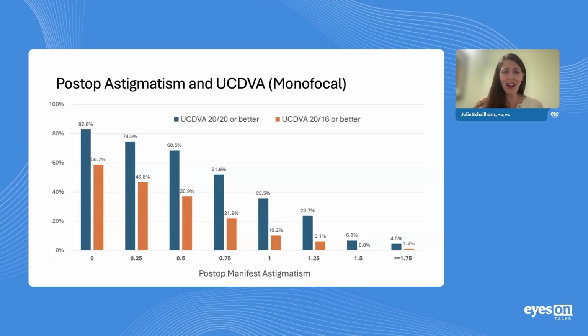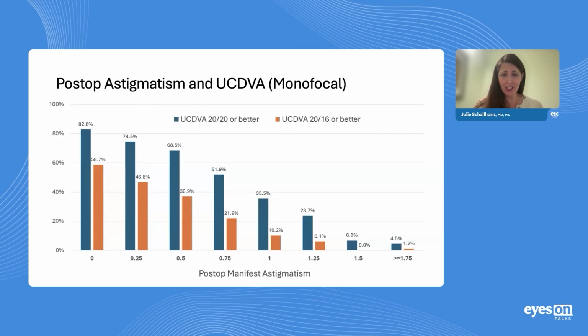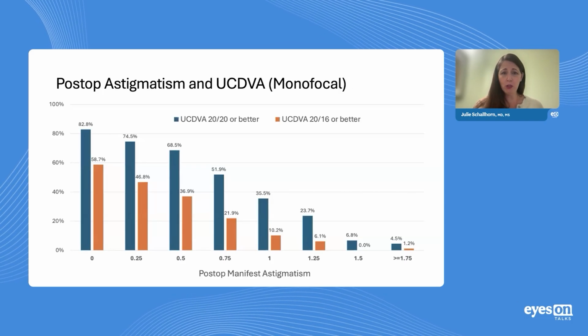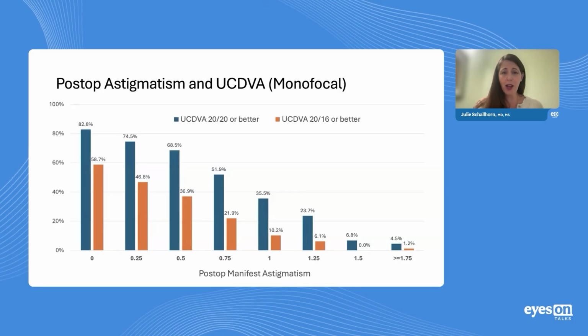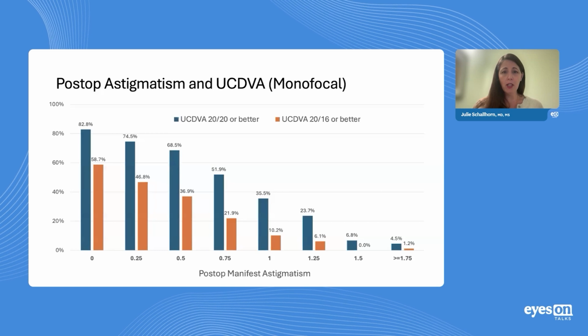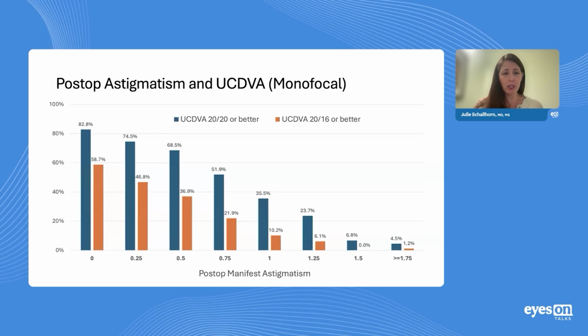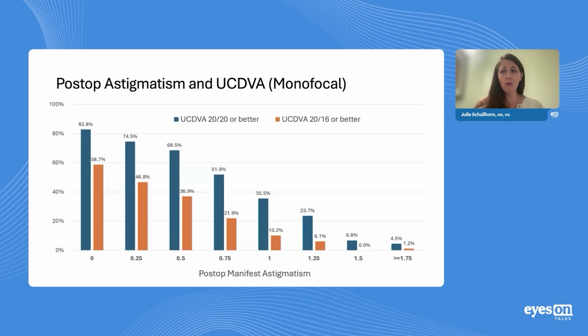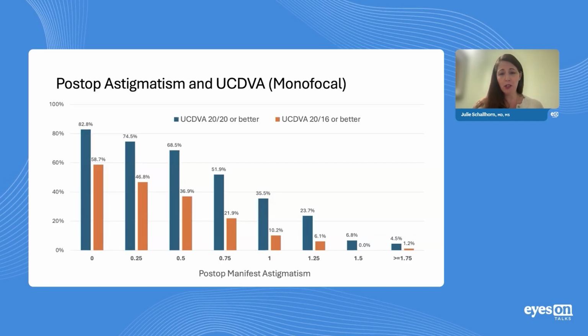Actually, the pattern is exactly the same. We see the exact same thing, that even going from 0 to a 1/4 diopter of residual astigmatism and from a 1/4 to a 1/2 diopter residual astigmatism, we see those acuities dropping off. Again, 20/20 or better in blue, 20/16 or better in orange here. So even in monofocal lenses, astigmatism really matters in how well patients are seeing.